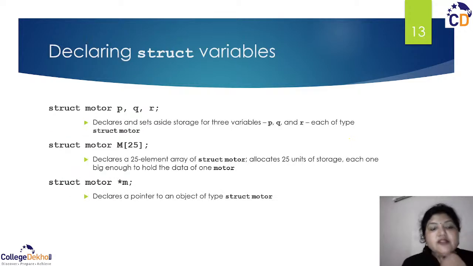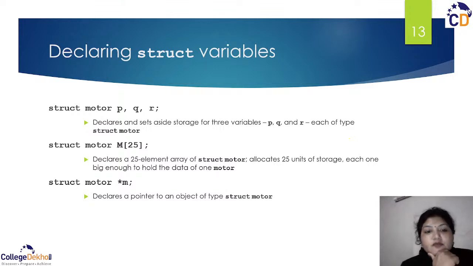Then we have structure variables. Let us understand with this example also. Struct motor P, Q, R: this declares and sets aside storage for three variables, P, Q, and R, each of type structure motor. What is the type of these variables? It is of structure type.